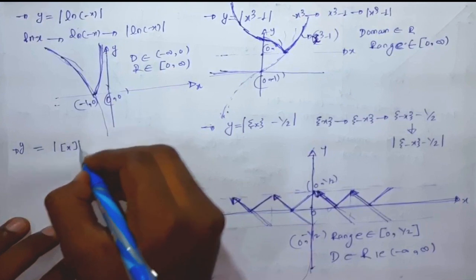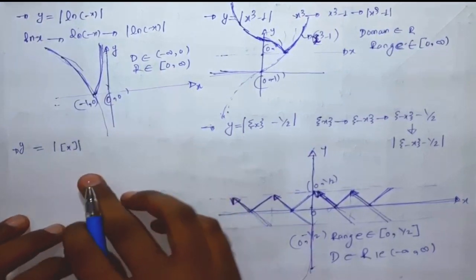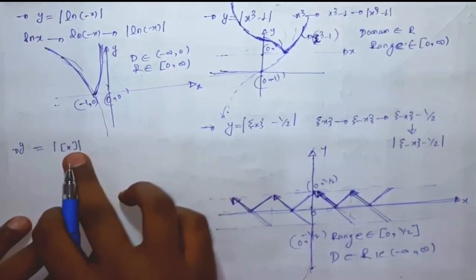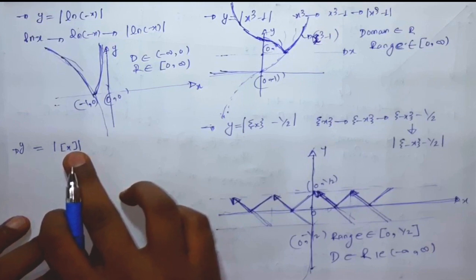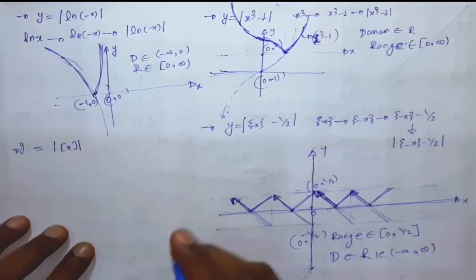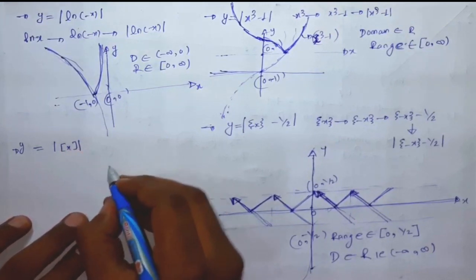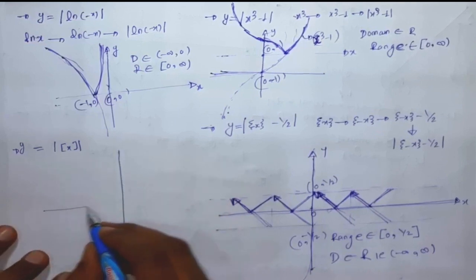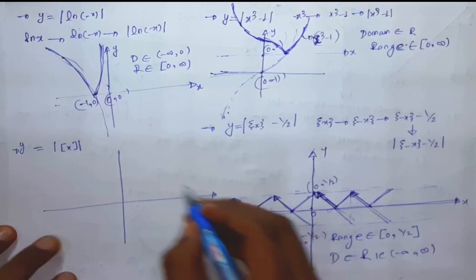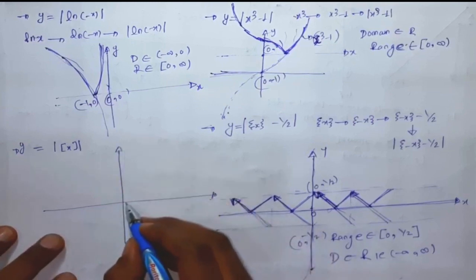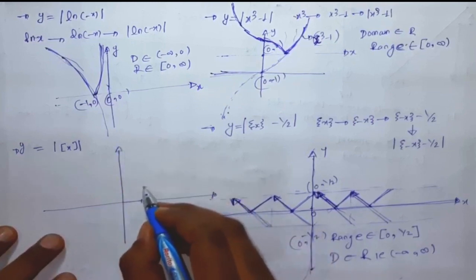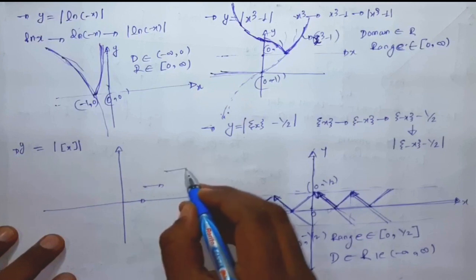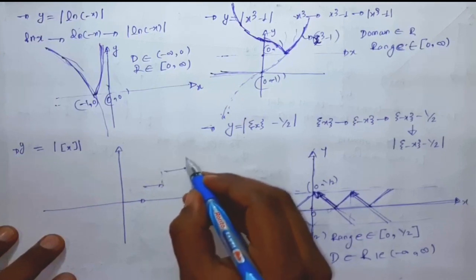So first we will simply draw the graph of the integral part of x, then we will take the mod. It will look like this. This is the graph of the integral part of x.